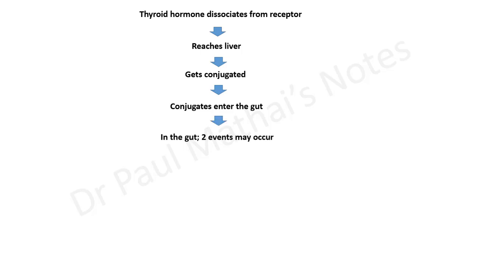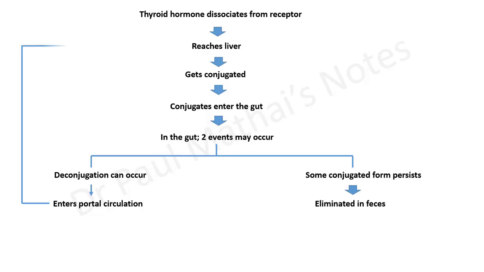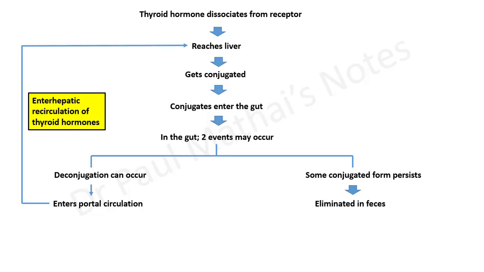Now, once in the gut, two events may occur. One, the thyroid hormones remain conjugated and get excreted in the feces. Secondly, deconjugation can occur in the gut, and the deconjugated forms can enter portal circulation and re-enter the liver in a process known as enterohepatic recirculation of thyroid hormones.